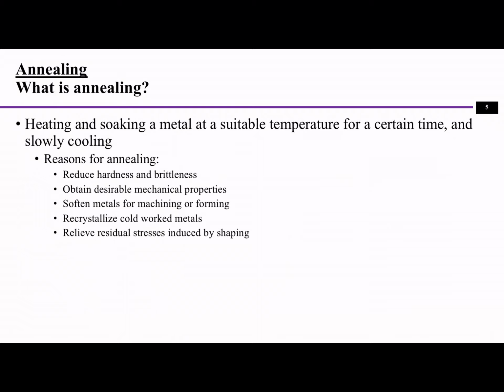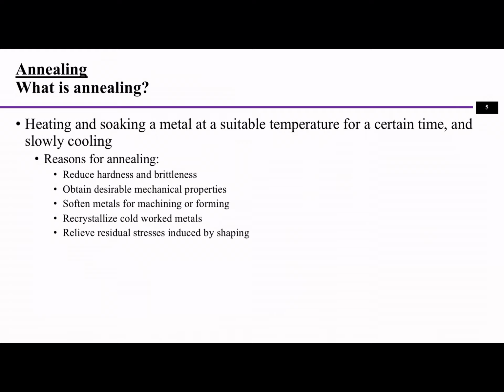First, annealing. Annealing is heating and soaking a metal at a suitable temperature for a certain time and then slowly cooling it down. The reasons for annealing include reducing hardness and brittleness, because a really rapid cool down from a really high temperature increases the hardness and brittleness of the material.